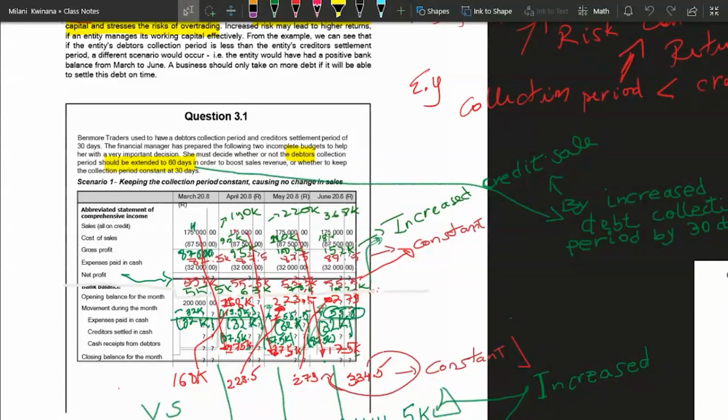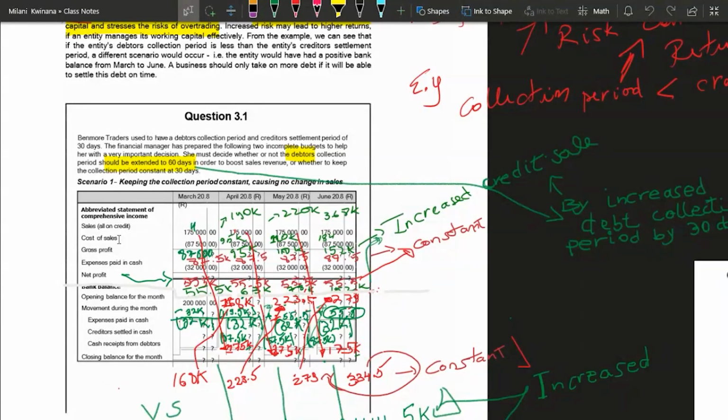And collection, as you know, is about just receiving the money. People are buying on credit, and some people are paying cash. Here, all the sales are on credit. If you look at the table, they say the sales, all of it is on credit. If all the sales were not on credit, then we need to evaluate which part is on credit.